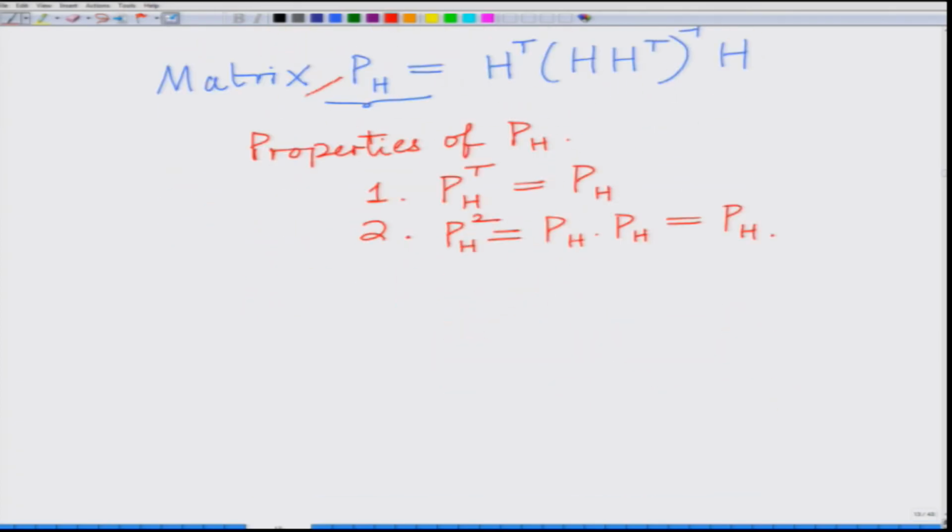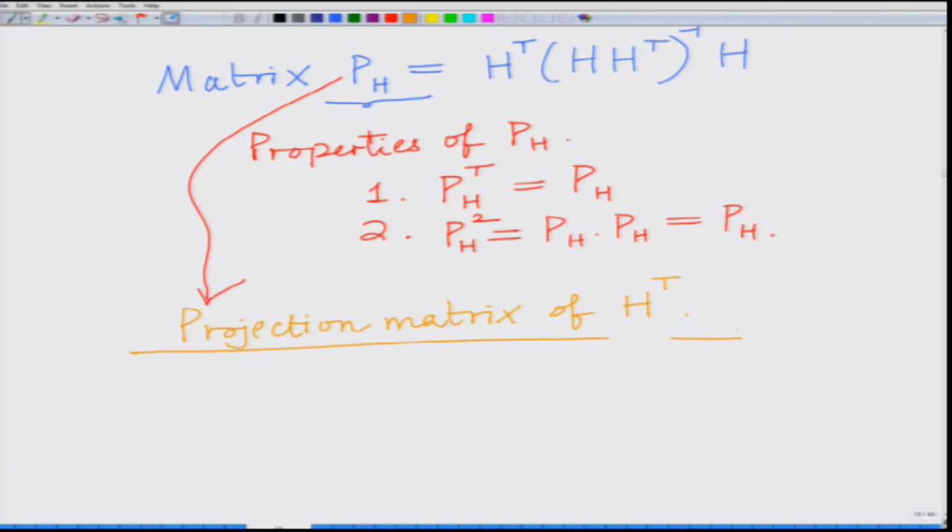This matrix PH is known as the projection matrix of H transpose.